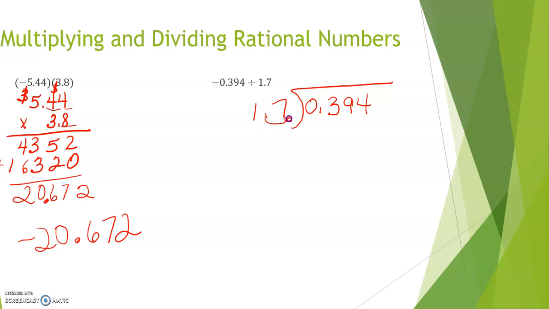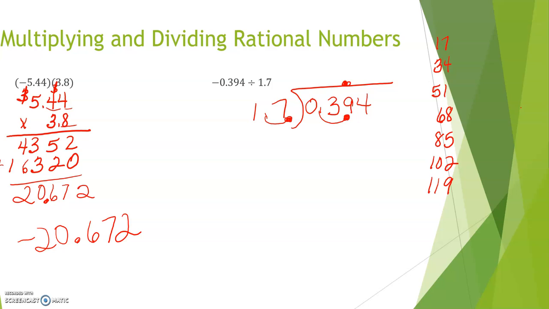We need to move the decimal point over on the outside, move it over on the inside and pop it straight up. And now we're dividing by 17. So we don't constantly need to be thinking about multiples of 17, we'll make a list. 17, 34, 51, 68, 85, 102, 119.